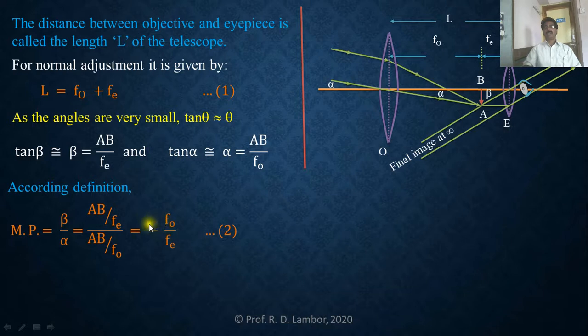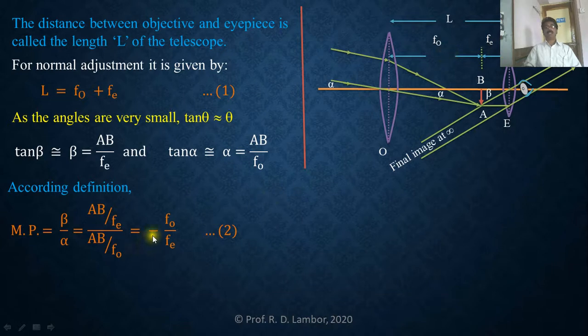Why is the negative sign there? As per Cartesian sign convention, you can see here, this distance FO is positive, but this distance FE is negative. So this is the distance of the image formed by the objective, and this is the distance of the object for the eyepiece, which is negative, and this distance is positive.